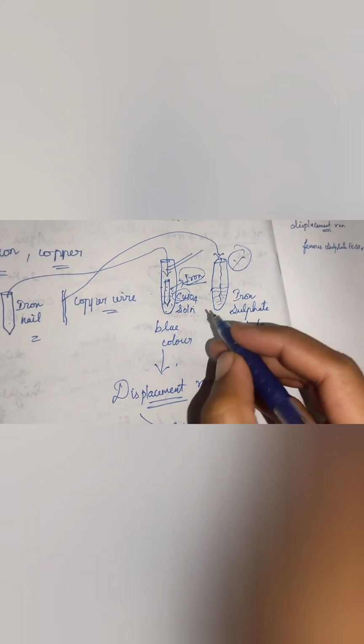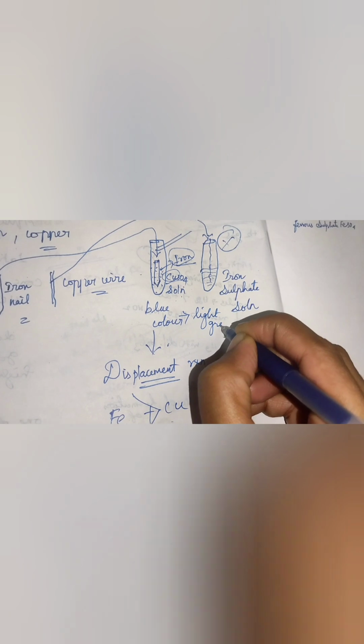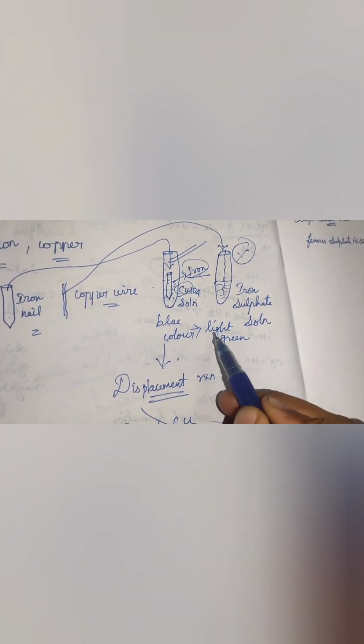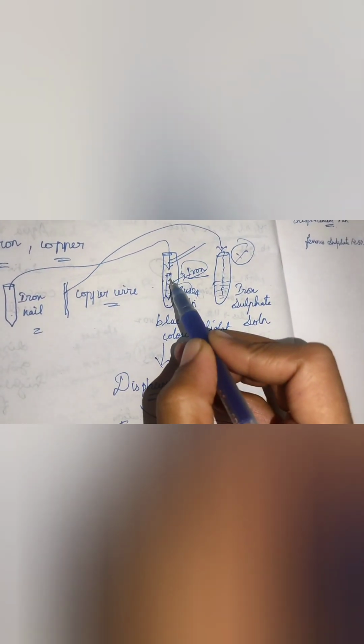How does it displace? I am inserting this iron nail in the copper sulphate solution, which is generally blue in color. After a few minutes, this blue color changes into light green, pale green color, and a brown coating is produced around the iron nail.